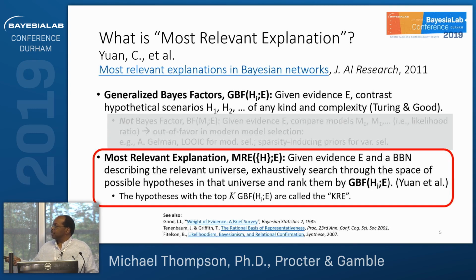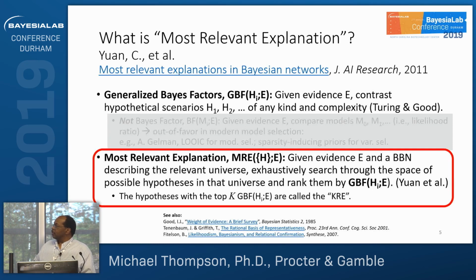So for example, Tenenbaum and Griffiths look at the rational basis of representativeness, and you might think of the R as another way of saying most representative explanation: which hypotheses are most well represented by the evidence that's asserted. And then there's the philosopher Fitelson, who cast it into the context of the philosophy of science and how people reason under uncertainty.